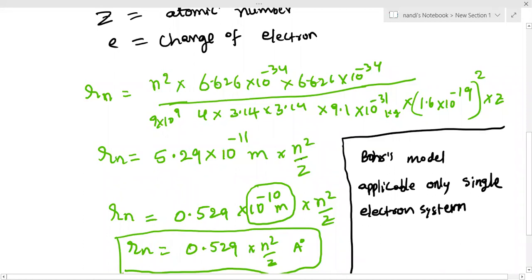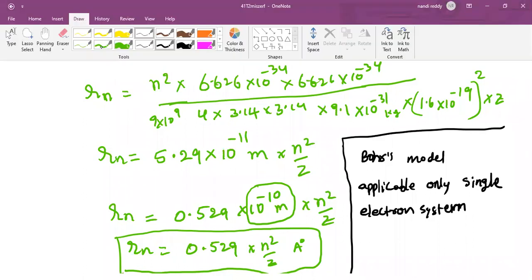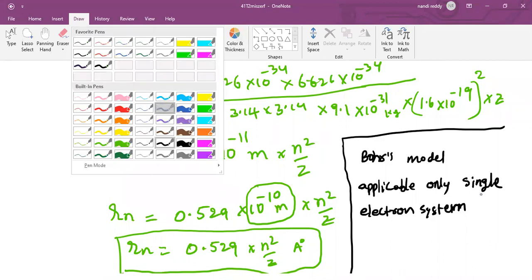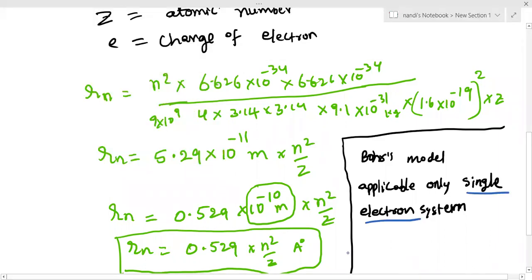Single electron system means it should contain only one electron. I hope you know the meaning of single electron. Hydrogen contains how many electrons? Only one electron.